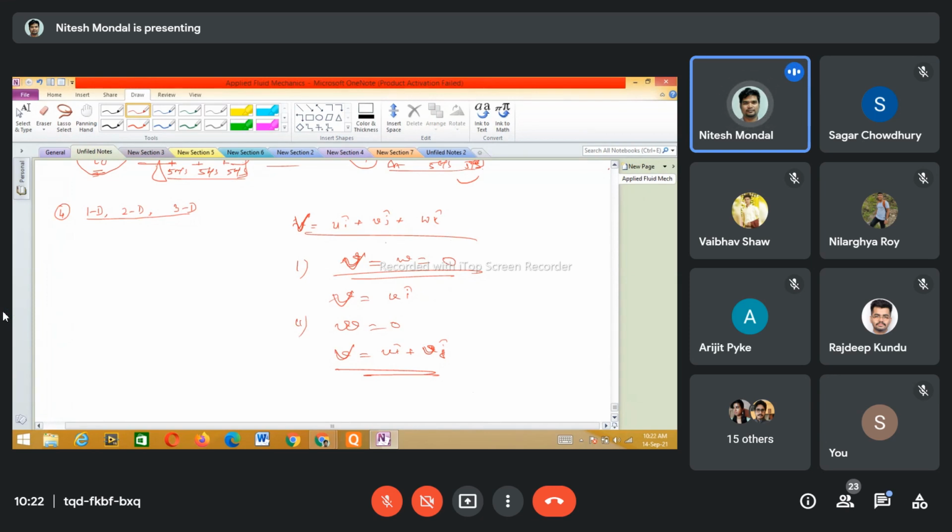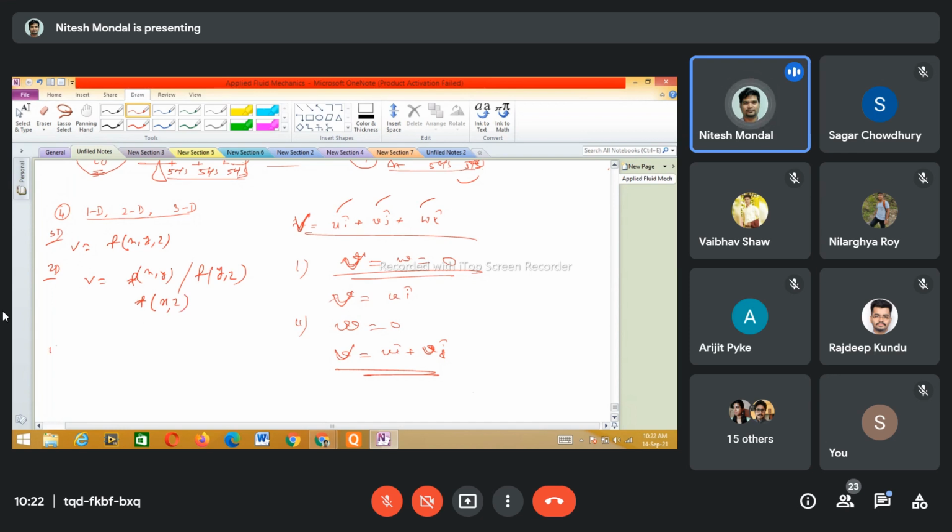So what is 3D flow? 3D flow means V is a function of x, y, z: x direction function, y direction function, z direction function. 2D flow is when V is a function of either x and y, or y and z, or x and z.